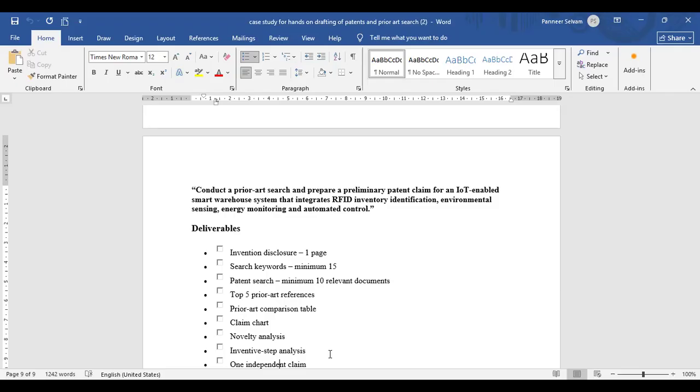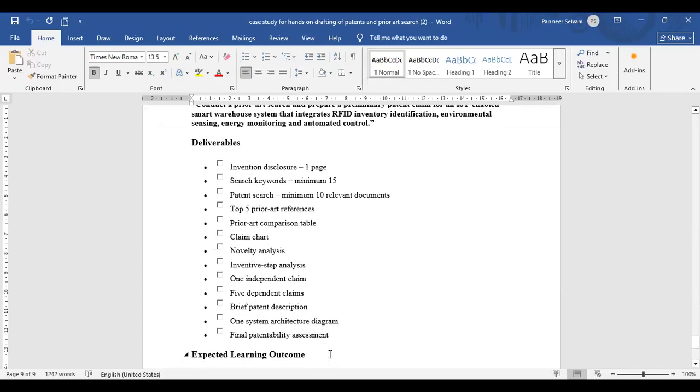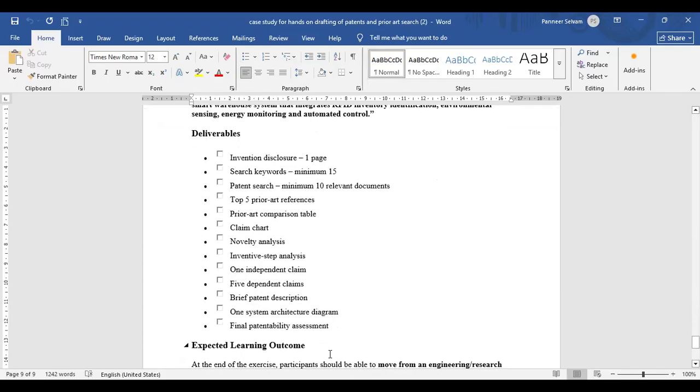So this assignment is for the participants who are engaging for day 3 of the faculty development program. Students or faculty members, whoever they may be, are free to take up this assignment from your working premises. By referring to the existing patent databases, you can draft your own documents.